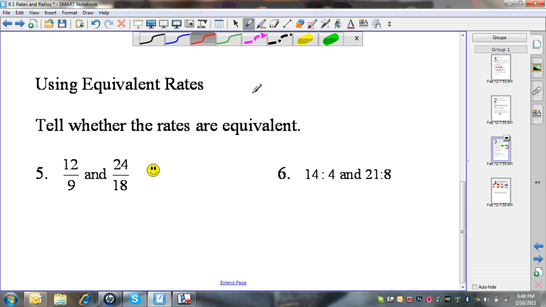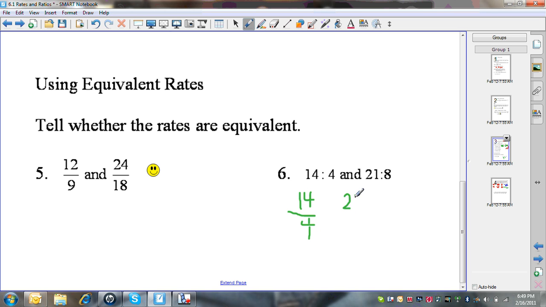Let's look at 14 over 4 and 21 over 8. Let you guys figure this out on your own and see what you think. If we rewrite it, let me see if I can do this on the fly. 14 over 4, and 21 over 8.